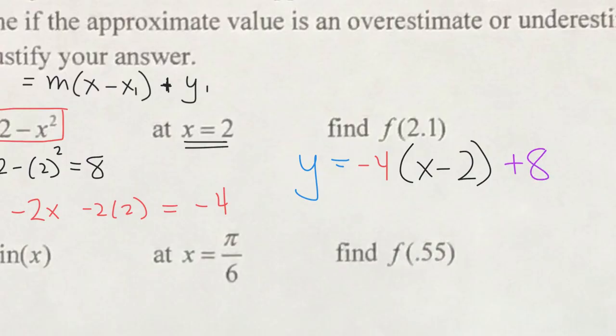So that is how calculus wants you to write the equation of the tangent line at a given point, right? So here's your x coordinate, there's your y coordinate, this is your slope.